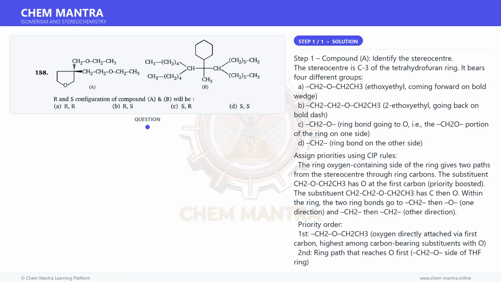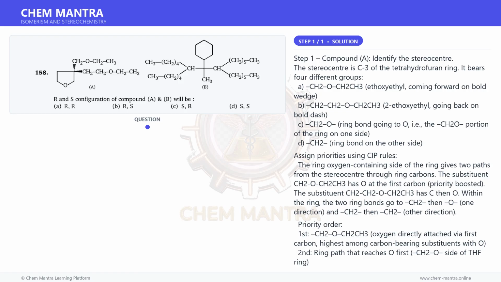CH2OCH2CH3, wedge, forward. 2. Ring CH2O, direction. 3. CH2CH2OCH2CH3, dash, back. 4. Ring CH2CH2, direction.